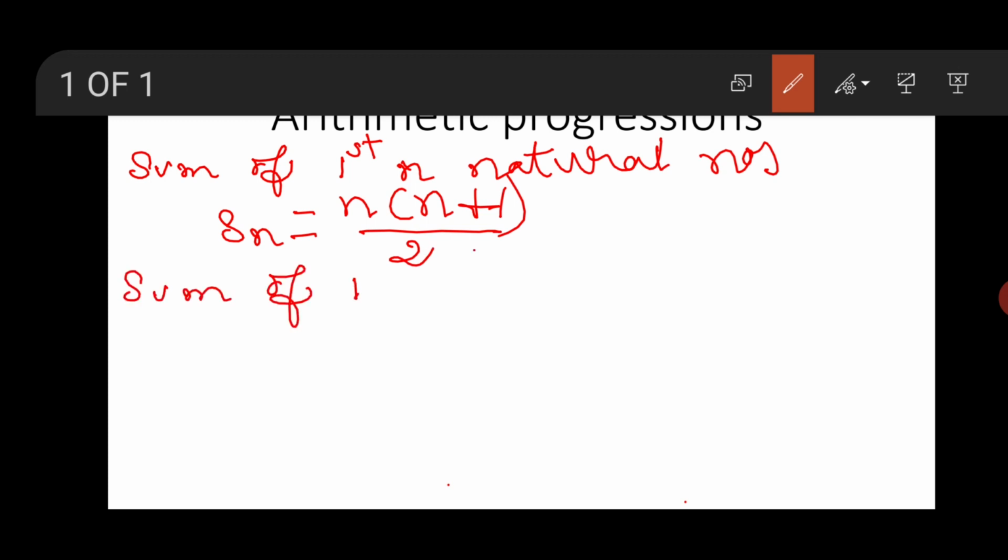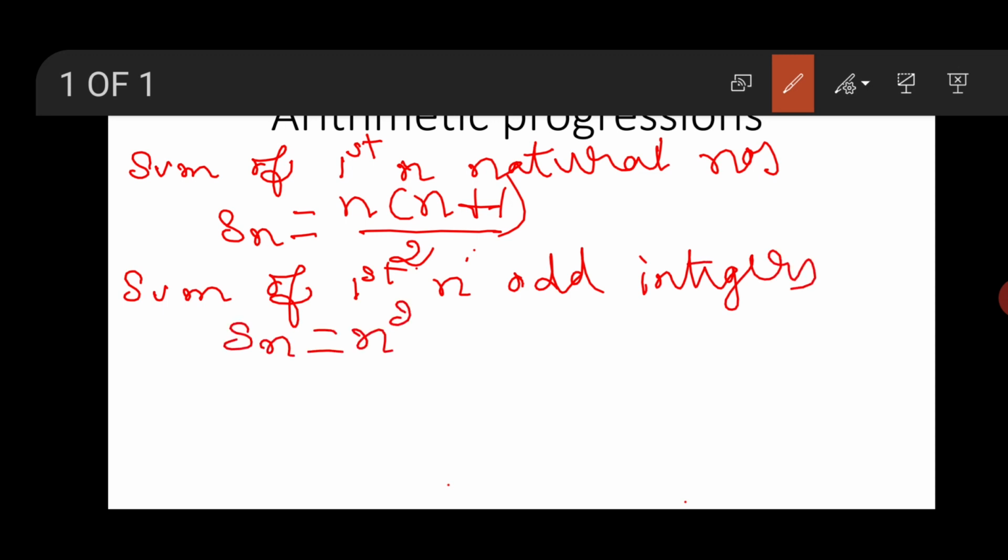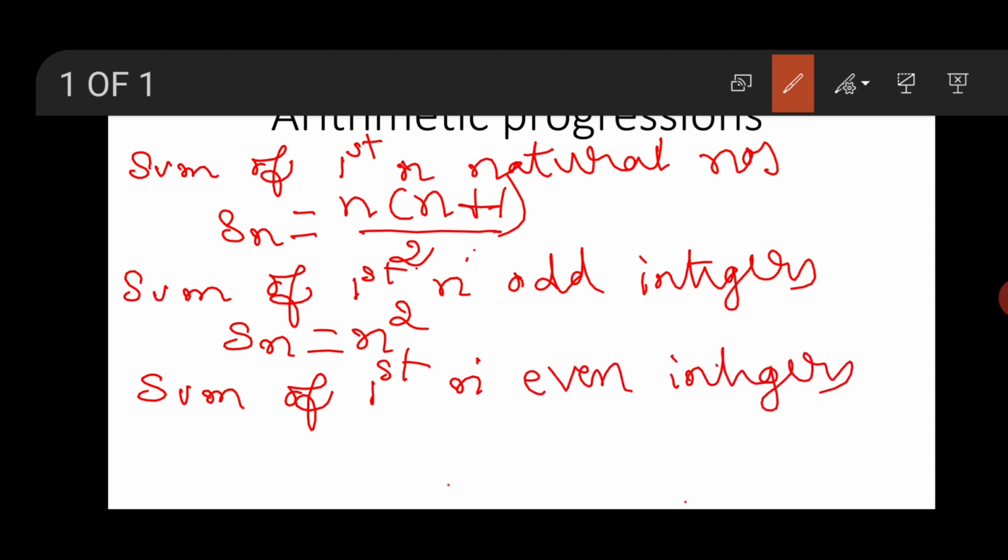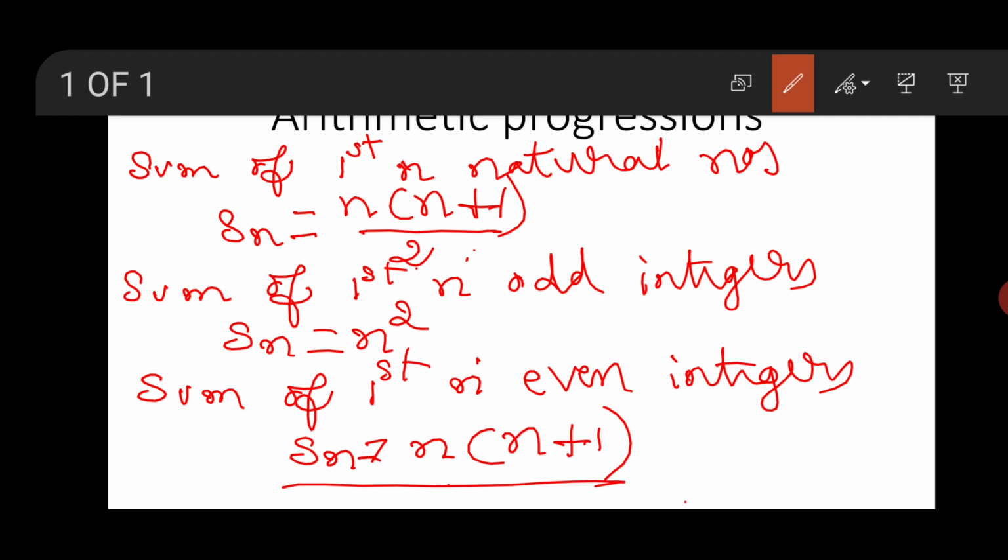Sum of first n odd integers, Sn is equal to n square. Similarly, sum of first n even integers, Sn is equal to n into n plus 1. These are also very important formulae.